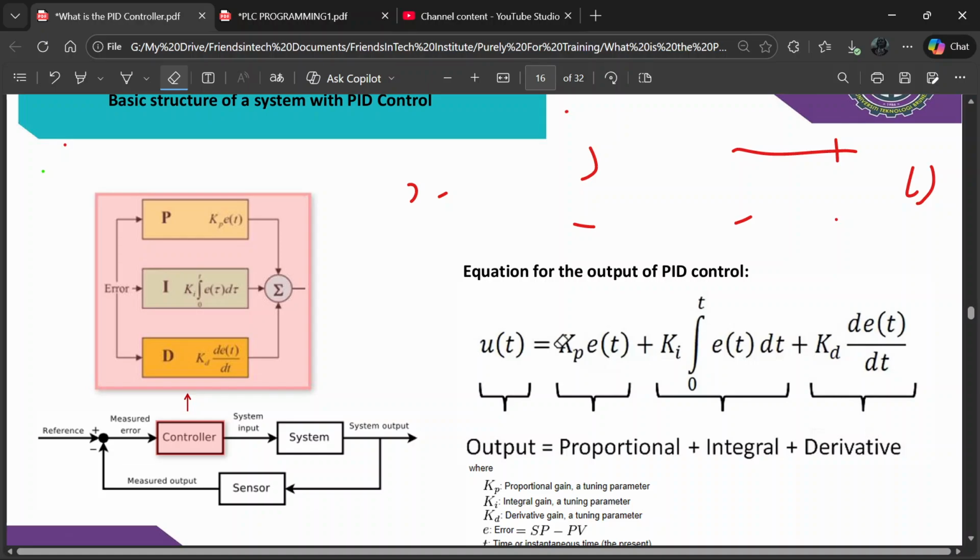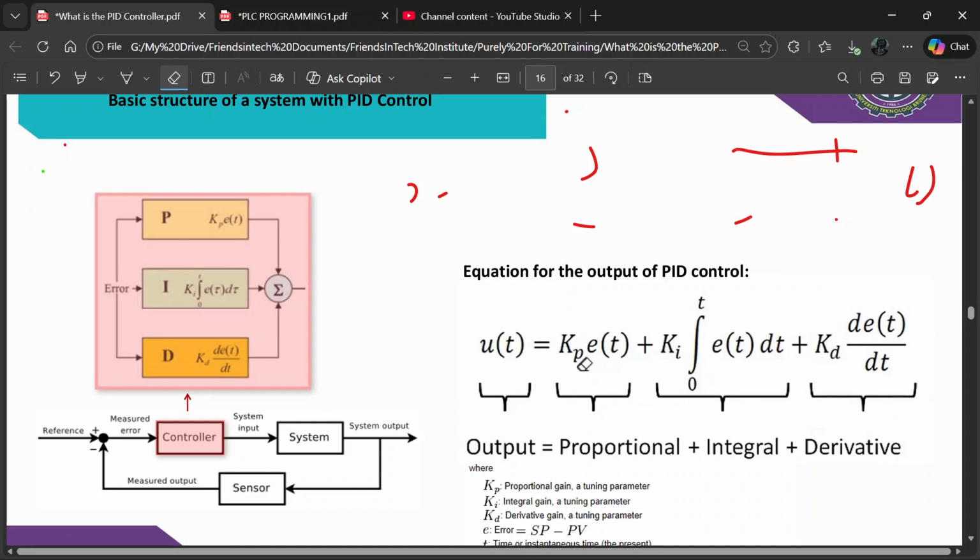So u of t equals Kp e of t, which is the proportional controller, plus Ki times the integral of the error signal, which is the integral controller, plus Kd times the derivative of the error signal, the derivative controller. So Kp, Ki, Kd are what are called PID gains. Normally in software, we just change Kp, Ki, Kd. The process of adjusting Kp, Ki, Kd is what is called PID tuning, okay?